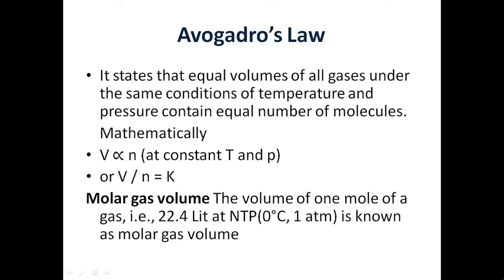That means for any gas at this temperature, 0 degrees Celsius, and at 1 atmospheric pressure, the volume will remain constant, that is 22.4 liters for its 1 mole of particles.